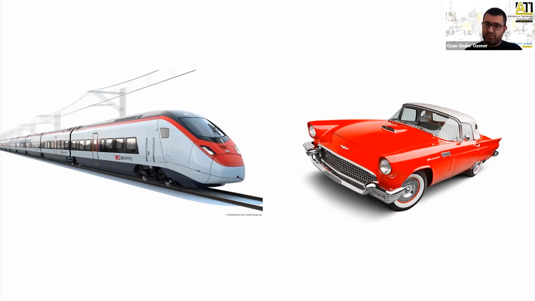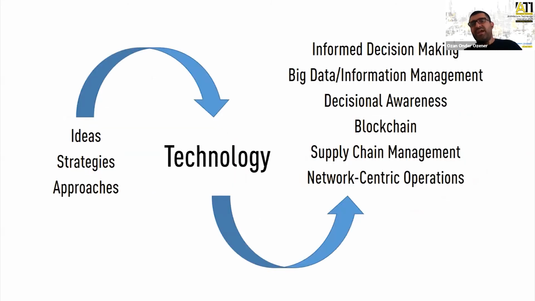If you want to use it for your older practices, no, you cannot do it. So you need to create new ideas, new strategies, and new approaches, either as a student, an educator, or a professional, for making better, informed decisions.